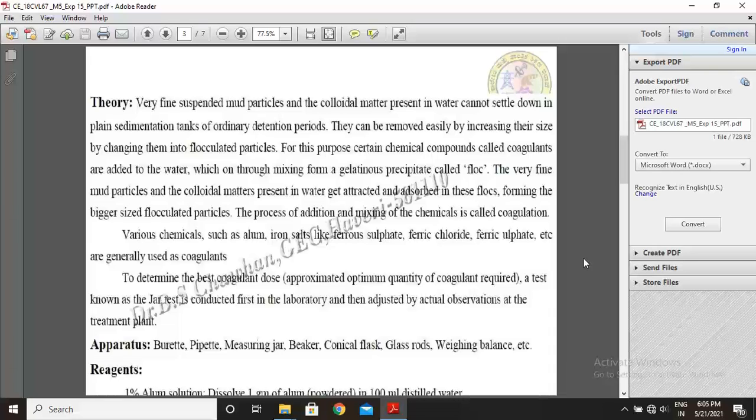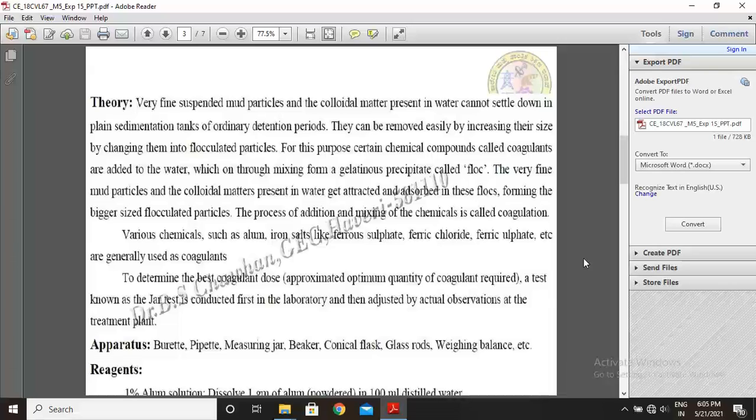For this purpose, certain chemical compounds called coagulants are added to the water, which on thorough mixing form a gelatinous precipitate called floc.